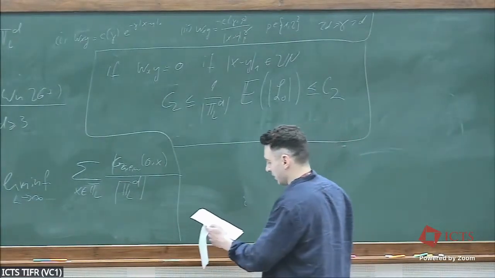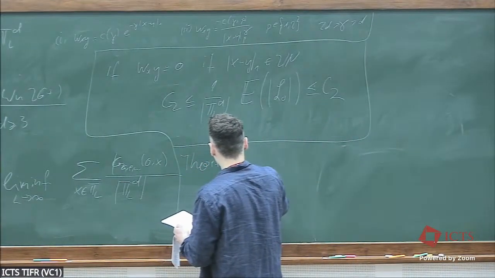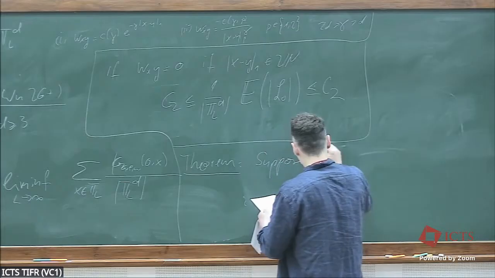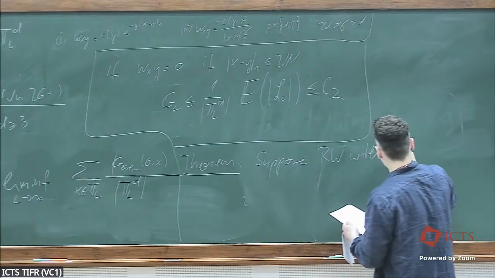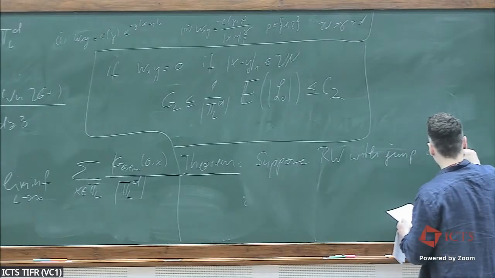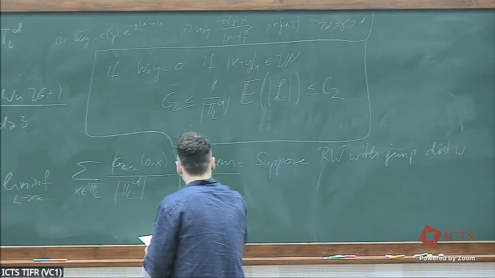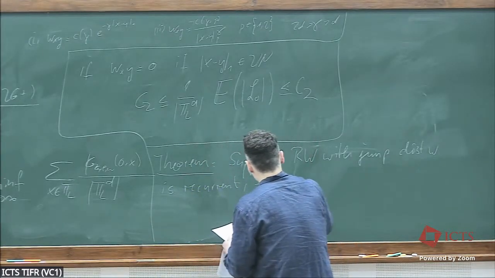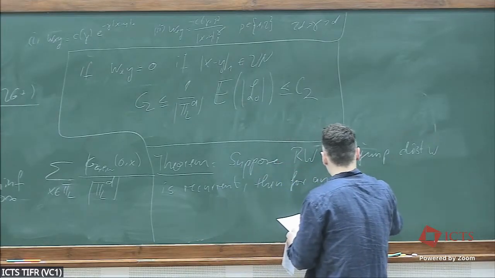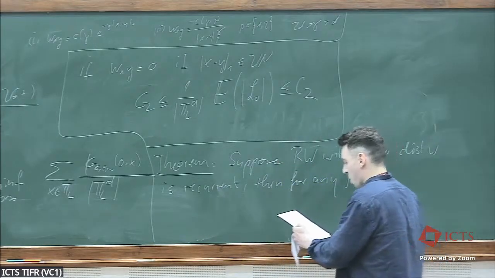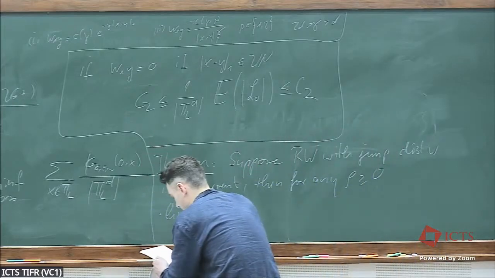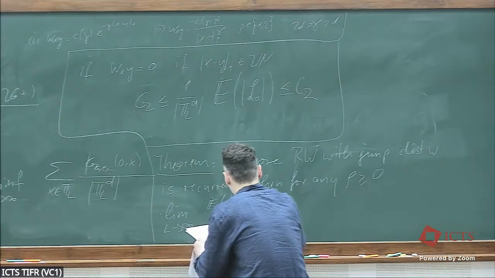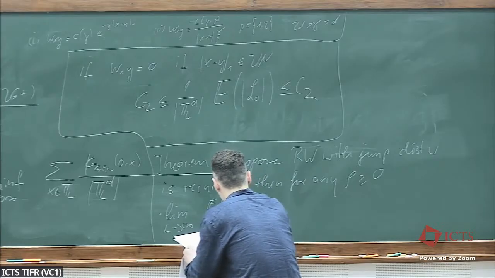And a result which complements this is a Mermin-Wagner-like theorem, which we also have, which says, suppose the random walk with jump distribution W is recurrent, then for any rho greater or equal to 0, the lim inf, or the limit of the expectation of the loop containing the 0 divided by the volume, this is 0.